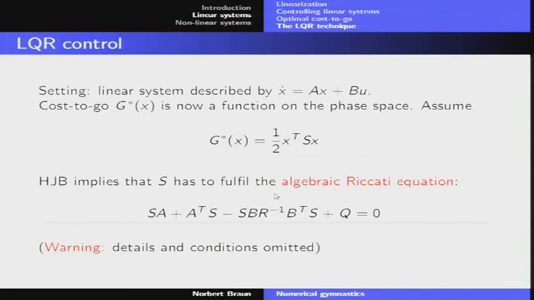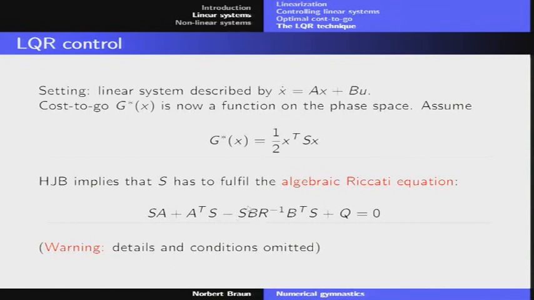That's obviously very useful, because if you look at this equation, then essentially A and B are the matrices that define how our system looks like. Q and R are the matrices that parameterize our cost. So the only thing that's unknown is S.